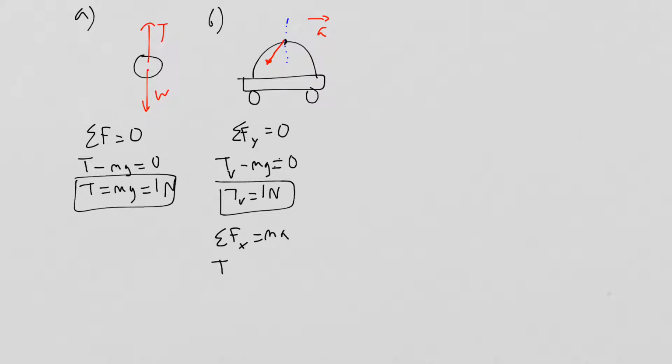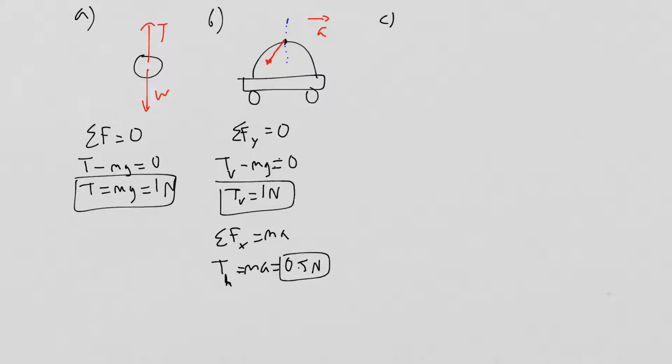So T_H equals ma, and 0.1 times 5 is 0.5 newtons. So by combining the vertical part in equilibrium and the horizontal part accelerating, we can calculate both components of the forces. I could put it together and tell you the total tension using the Pythagorean theorem, but we're not being asked for that, so that's okay.